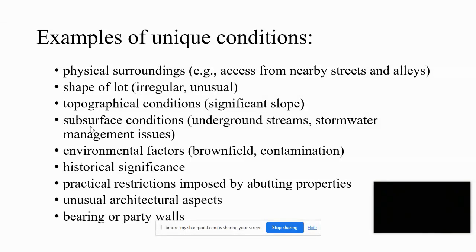Also other kinds of restrictions or issues imposed by abutting properties, unusual architectural aspects, and bearing or party walls about adjacent parcels. These are all examples. It's not an exhaustive list. There could be other examples of unique conditions that are not listed here, but these are some examples of the kinds of things that have been mentioned in case law.